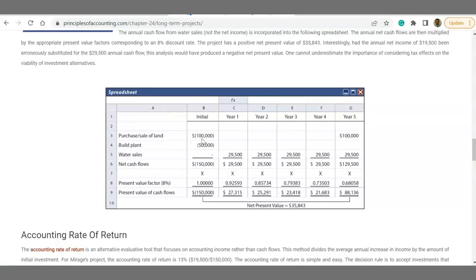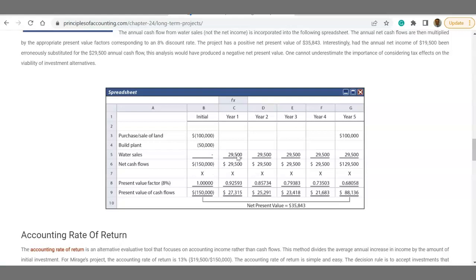So let's look at the table. This is the purchase of land, $100,000, and then building a plant on it. And land never depreciates, but the plant will. So that's $150,000 net cash flow, minus $150,000 cash flow today for this expenditure.